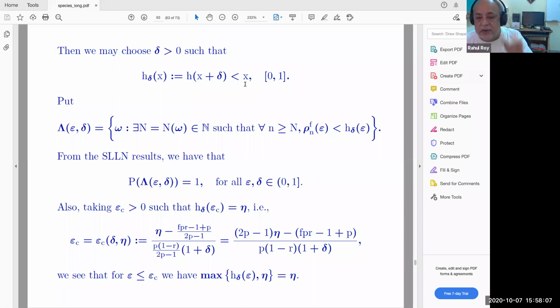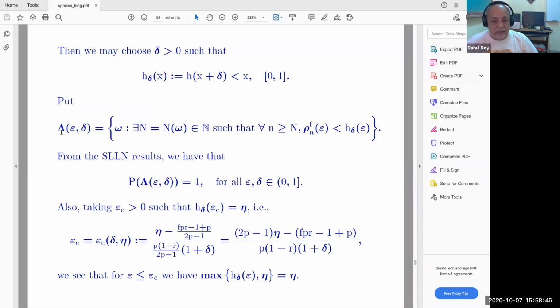And because h is also continuous, as we saw, we now define this event, A epsilon delta, as: there exists an N, a positive number, such that for all n bigger than or equal to N, this fraction rho n f epsilon, if you remember, was the number of individuals falling to the left of f divided by the total number of individuals alive at that time. In other words, the proportion of individuals, but in the new Markov chain, the epsilon Markov chain.